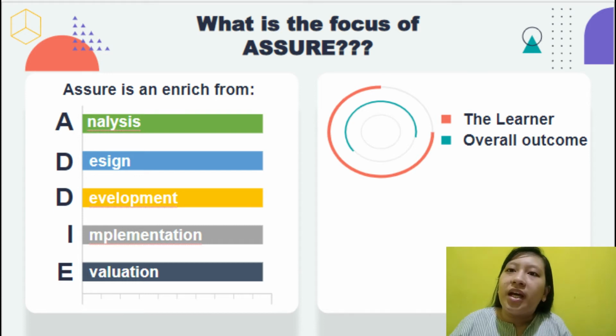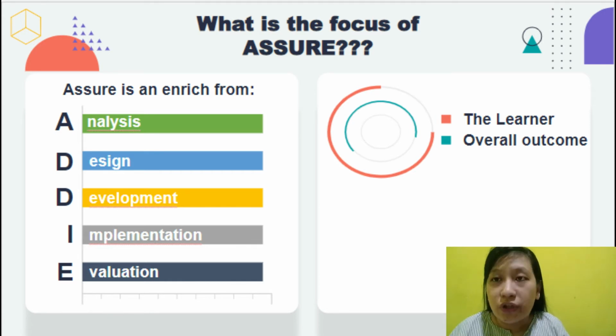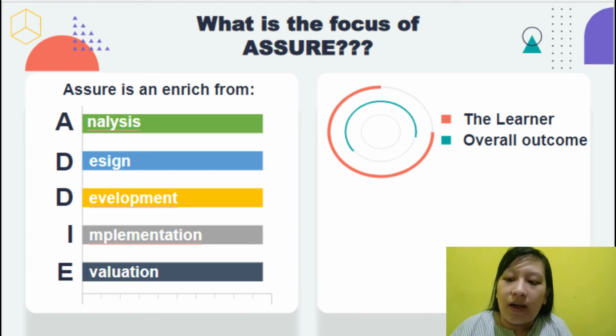Next is implementation. In this part, the plan is put into action and a procedure for training is developed. Materials are delivered and distributed to the students. Implementation includes an overview of the course, expectations, initiating instruction, and interaction.